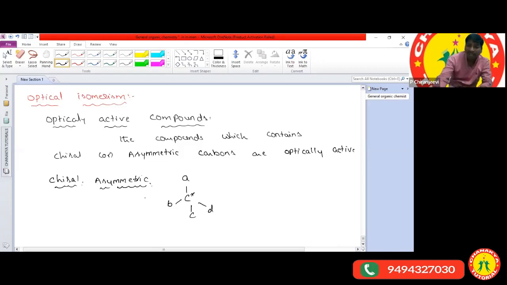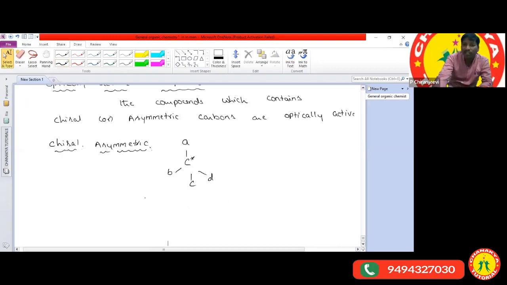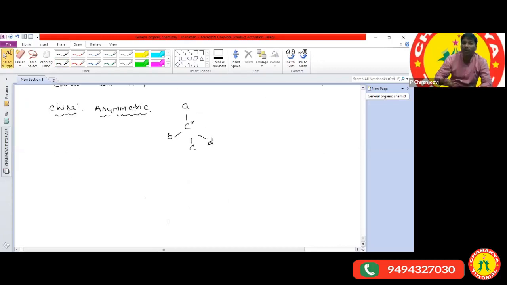Sometimes they're asking questions based on alphabets. For example, here they had given capital A. Is capital A optically active or optically inactive?